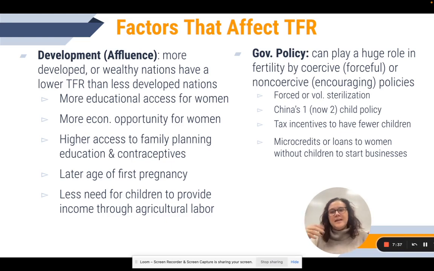So if we have women that have more educational access and more economic opportunities, they tend to delay the start of their families, right? If you're going to college until you're 21, 22, you may not be thinking about starting a family until much after that. We also have better access to family planning and contraceptives. So the ability to control when people have children has made it so that we have fewer because we tend to wait a little bit longer. That's kind of that later age of first pregnancy.